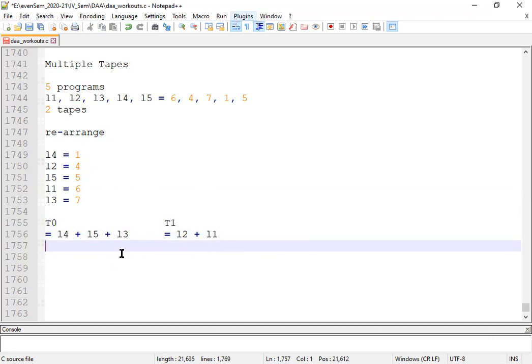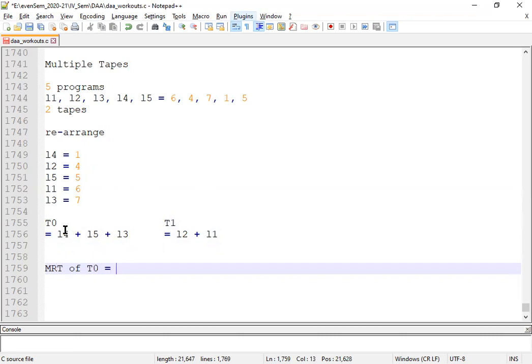Now let us try to calculate those values. First, I will calculate the mean retrieval time of T0. The mean retrieval time of T0 is equal to L4: to retrieve L4, we require a length of 1, plus, to retrieve L5, 1 plus 5, then plus L3.